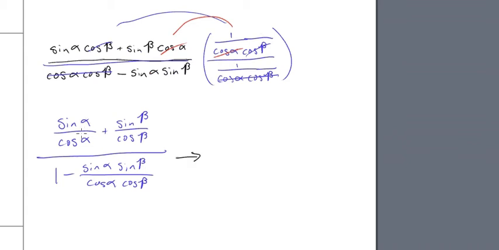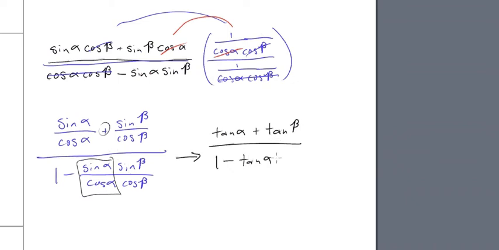So what is the sine of alpha divided by cosine alpha? That's tangent alpha, plus sine beta divided by cosine beta is tangent beta, over 1 minus, well, what's sine of alpha divided by cosine alpha? That's tangent alpha, times, and then what's sine of beta divided by cosine beta? Well, that's tangent beta.